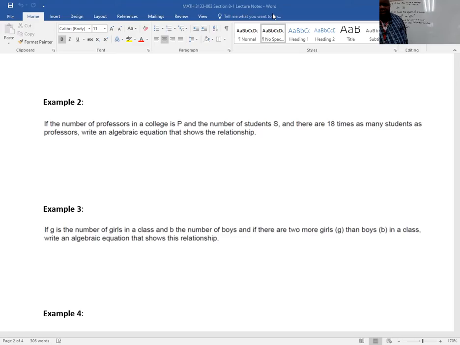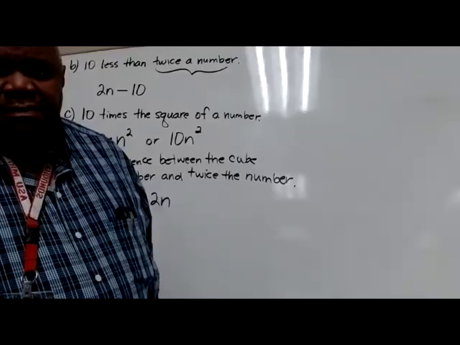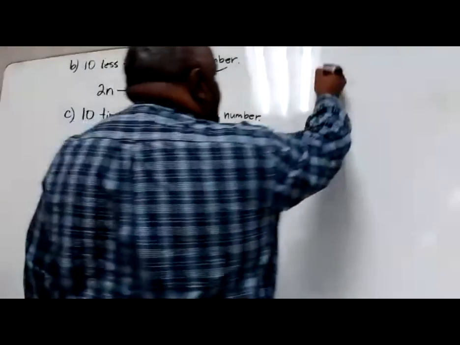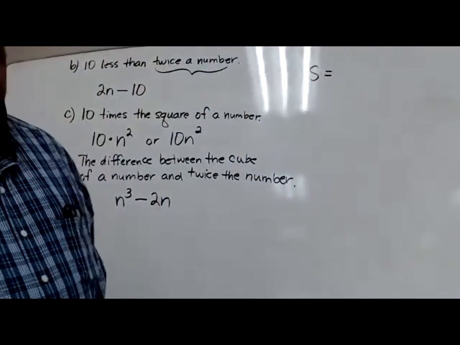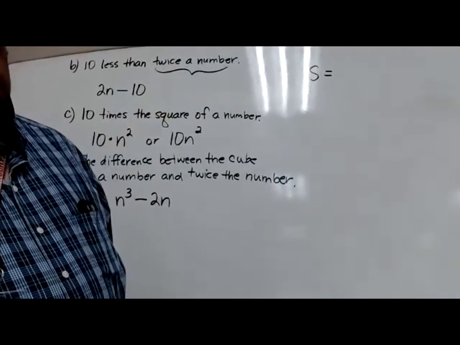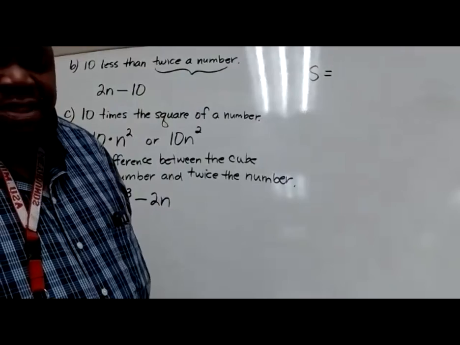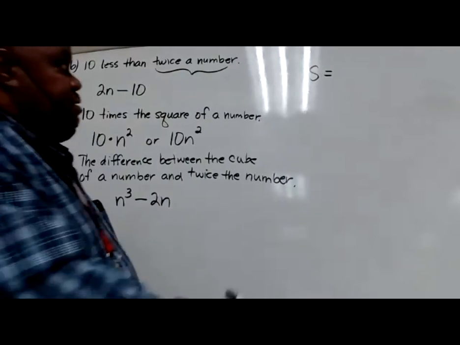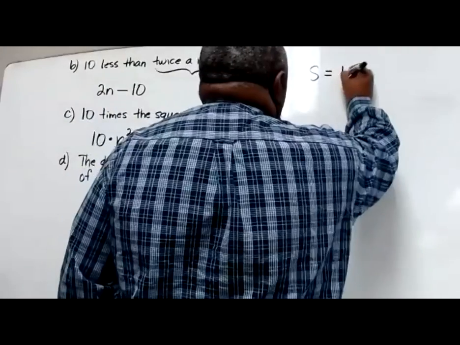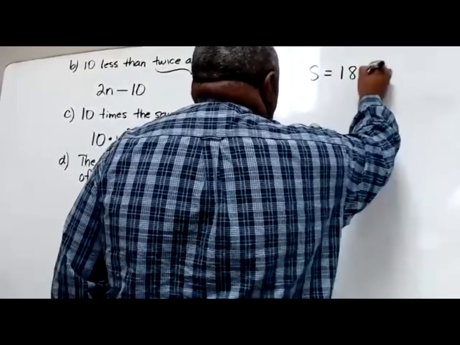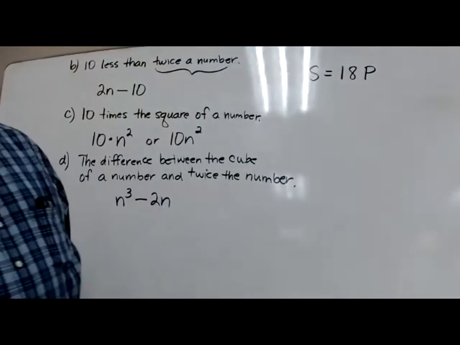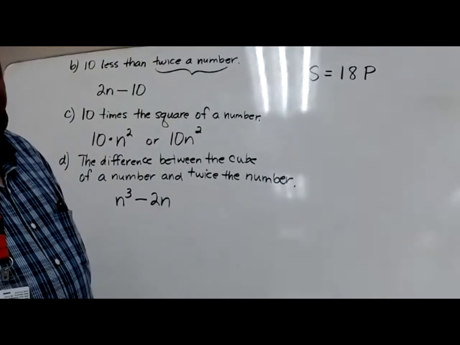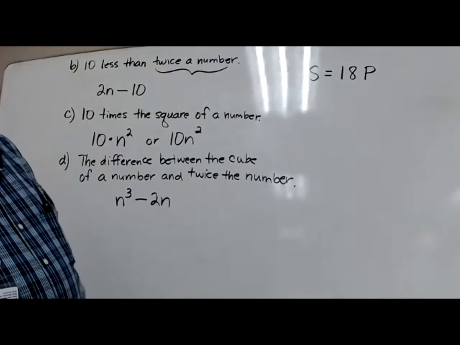So the way I would write that would be this. I'm going to start with the S for the number of students, since there are 18 times as many students as professors. So that's going to be equal to 18 times P. So S is equal to 18 times P.